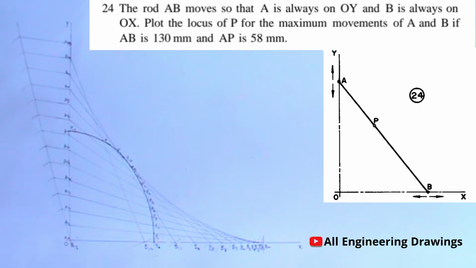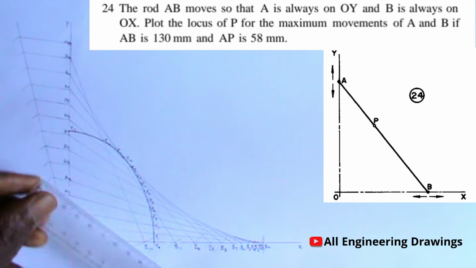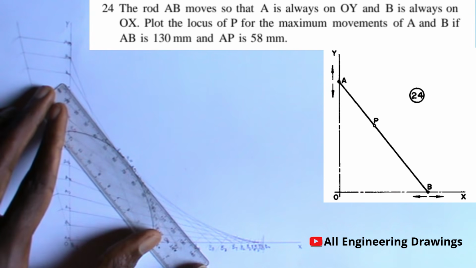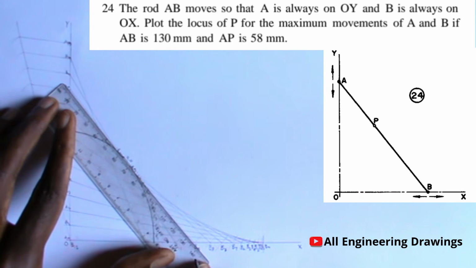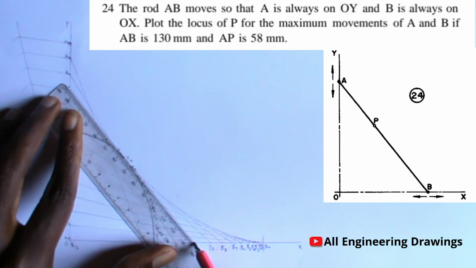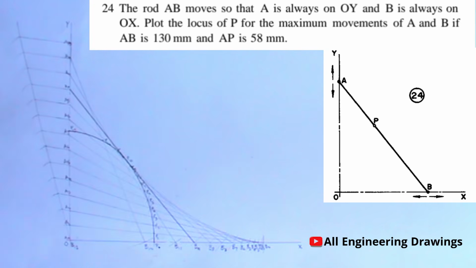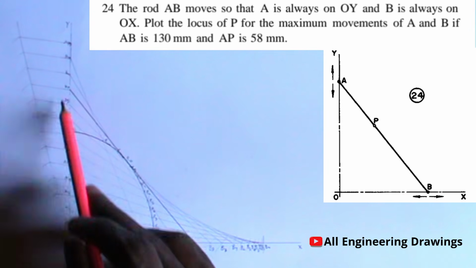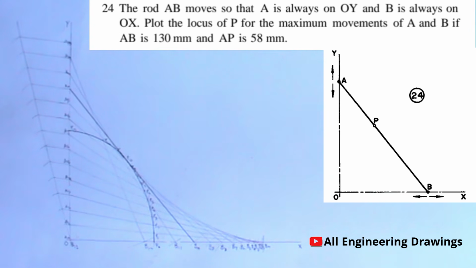After producing the curve, I will make A10 bold, that is line A10B10. I will also indicate that point A of line AB slides along OY.